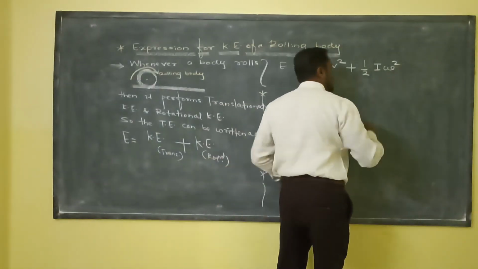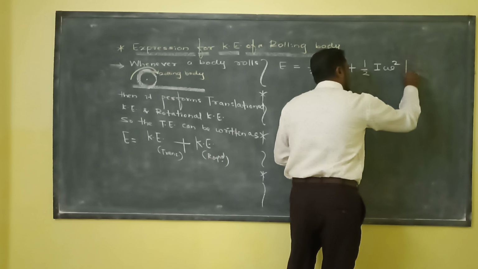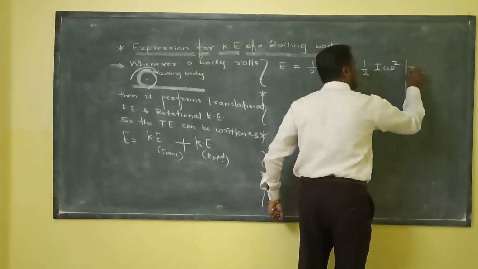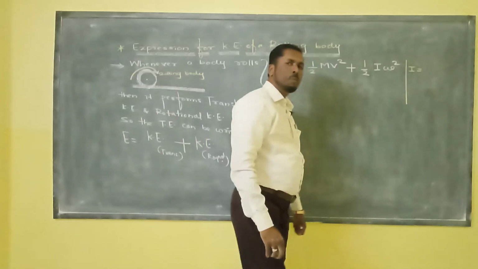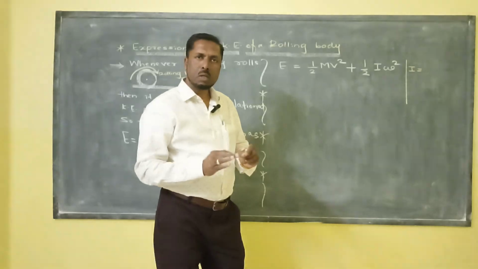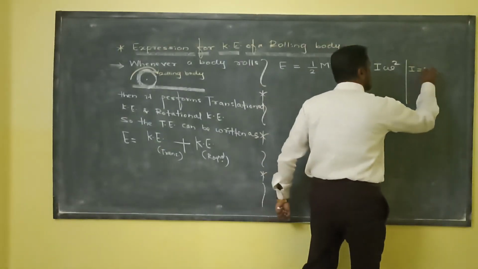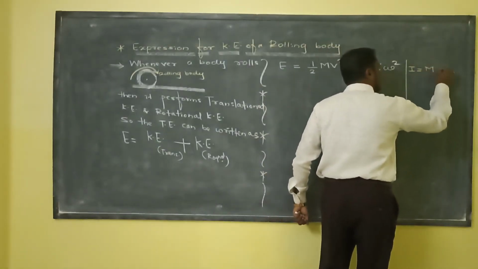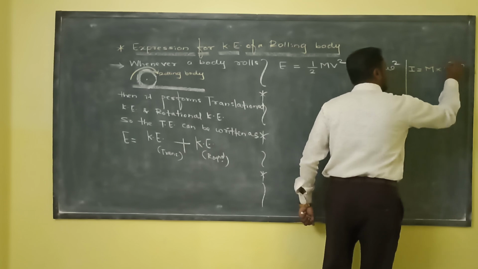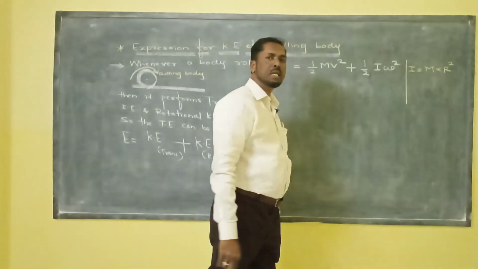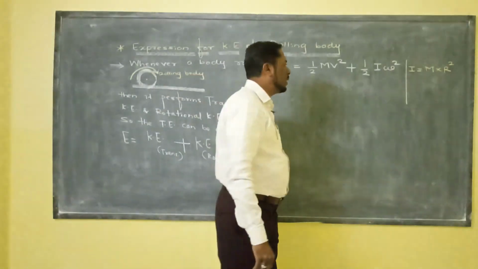Now what do we understand by moment of inertia I? It is the product of mass and square of its distance, that is I is equal to mr square.